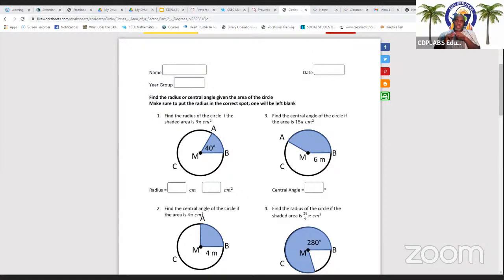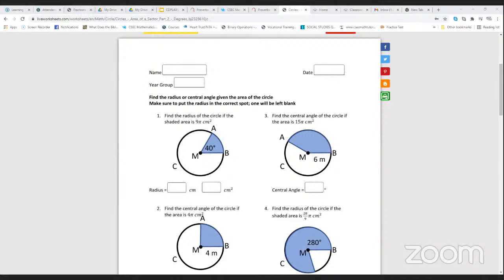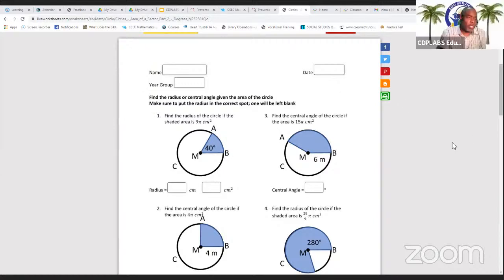Okay, Nastasia, start your message. Everybody draw your circle. They say draw your circle and cut it out already.